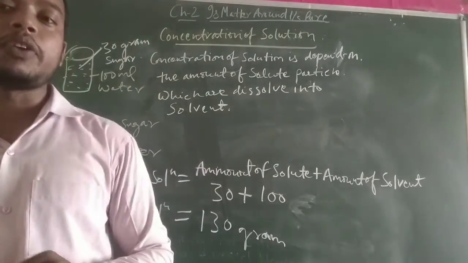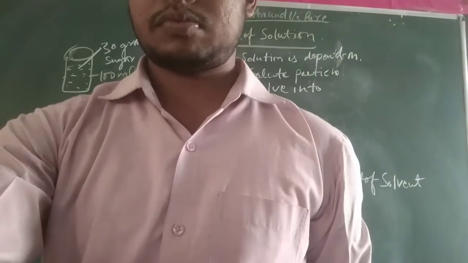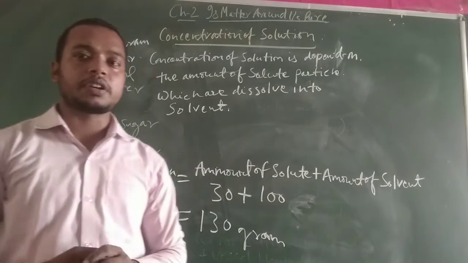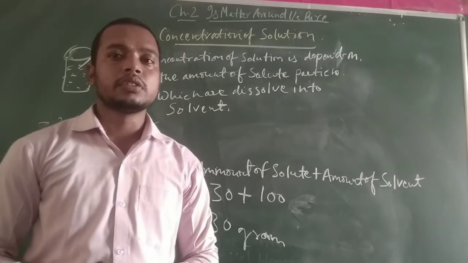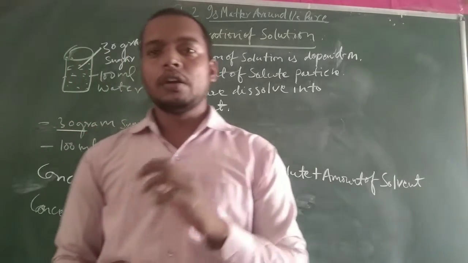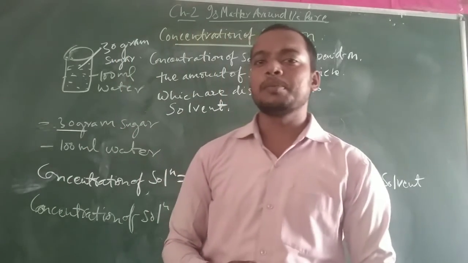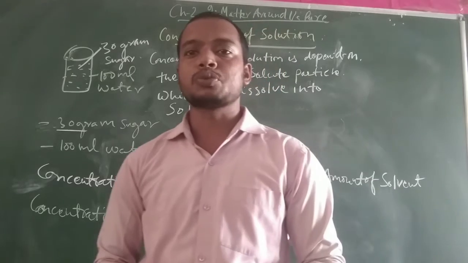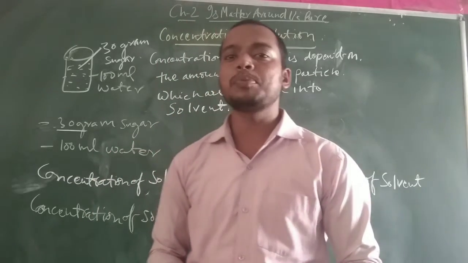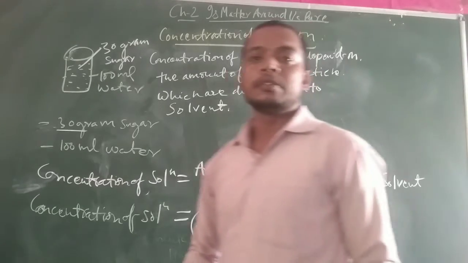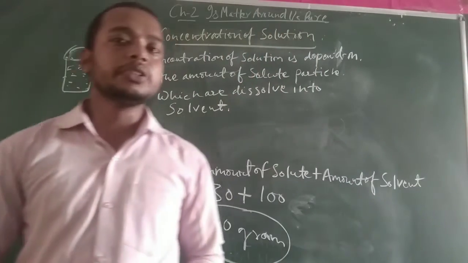This is a very simple way to express the concentration of solution, but in a more advanced and scientific way we have to do it differently. This is a very general way to know the concentration of a solution: we take 100 ml water, add 30 grams sugar, dissolve them, and get 130 gram concentration.